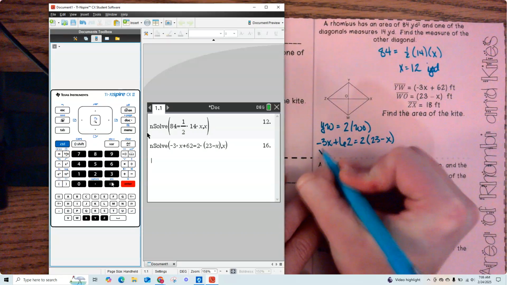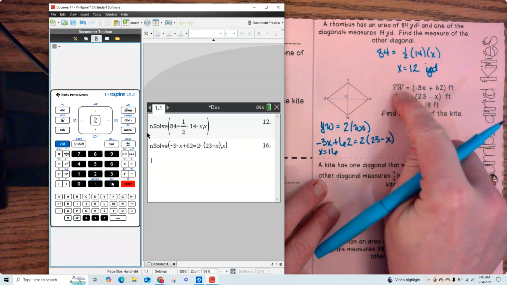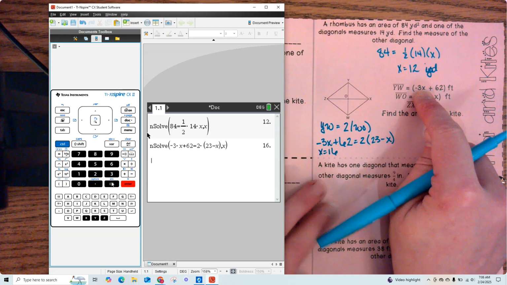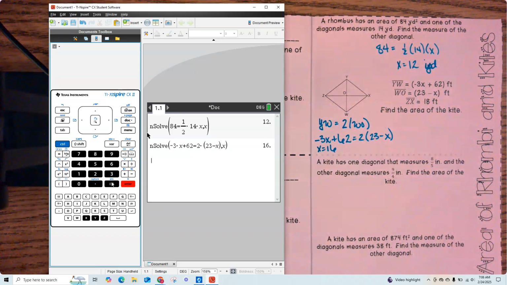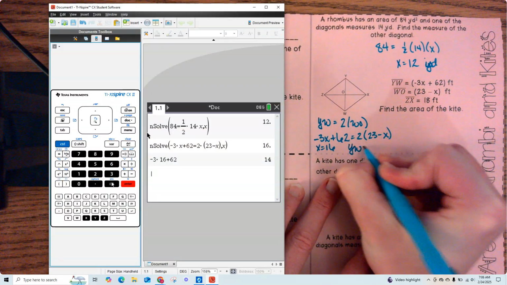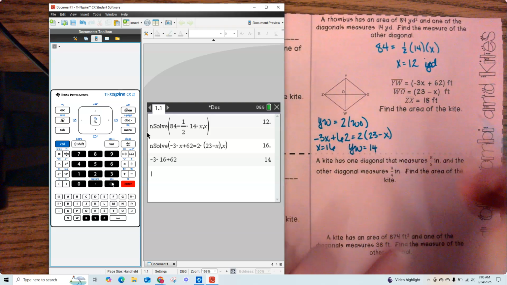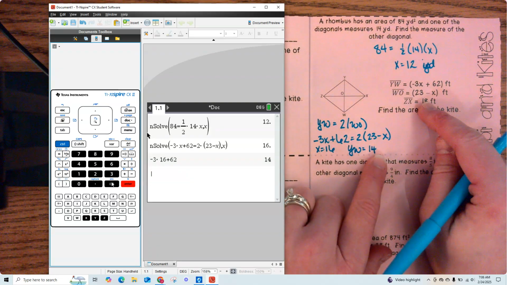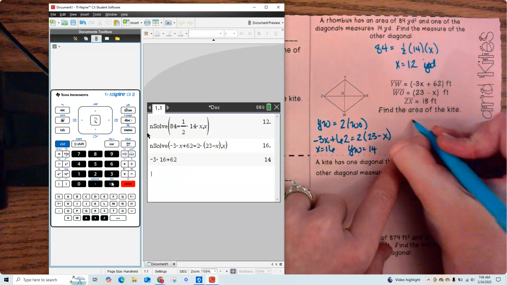So x equals 16. And then to figure out what YW equals, we can plug a 16 in for that x. And so YW is going to equal 14. So now I have the measurement of both diagonals. Now I can find the area.